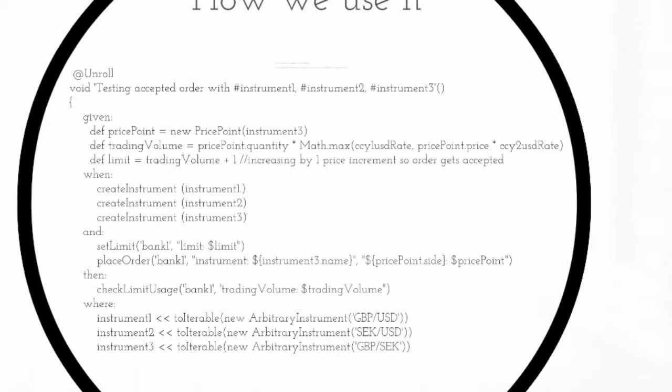And then when I'm setting my limit, I'm setting it with that trading volume plus 1, and then when I'm placing the order and then checking the assertion, I'm making sure that that order got accepted. If the order wasn't accepted, the assertion would fail. There would be no limit usage. So that basically means a failed test. If I had trading volume minus 1, then I would expect those to be rejected, and the assertion changes a bit.